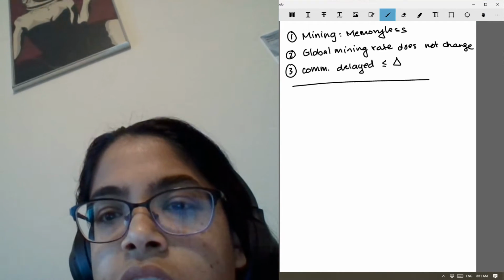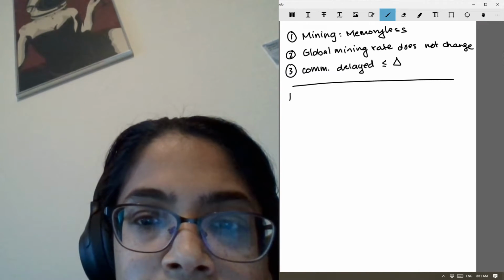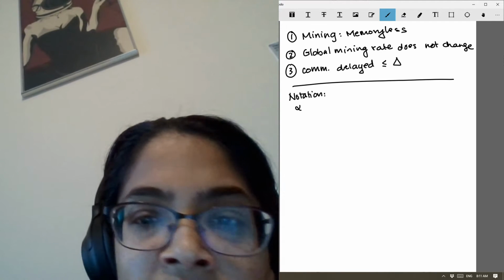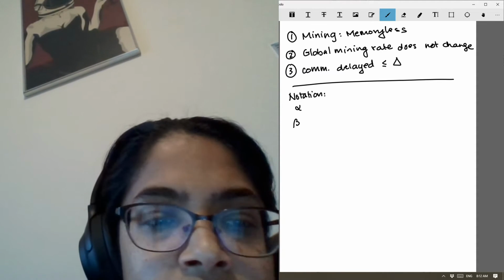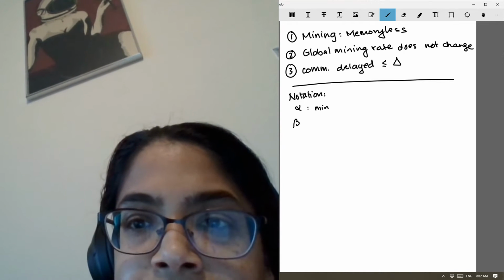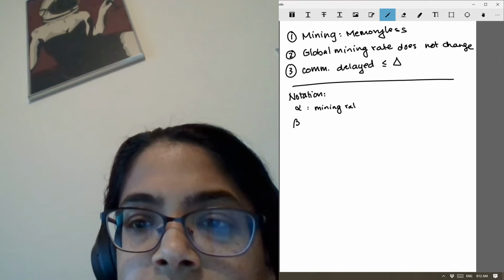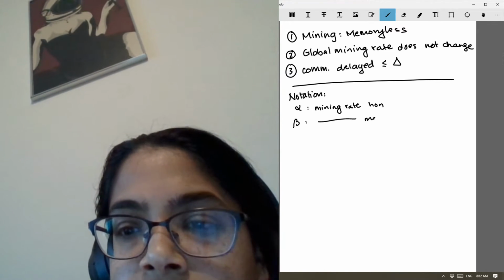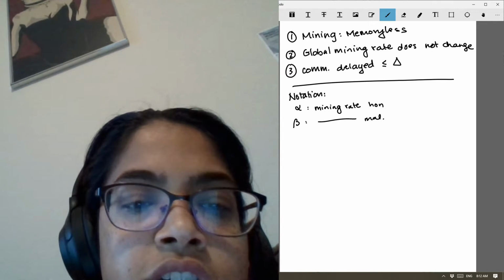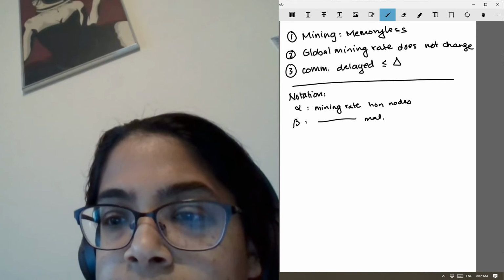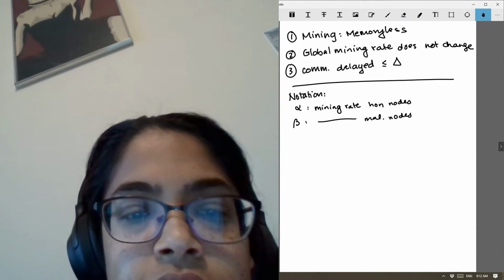Now we have to introduce a little bit of notation, and that notation is alpha and beta. Alpha is the mining rate of honest blocks, and beta is the same thing, but for malicious nodes. I should say honest nodes and malicious nodes.